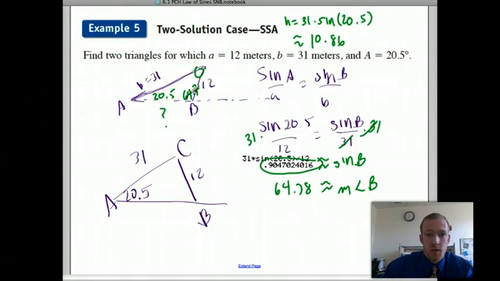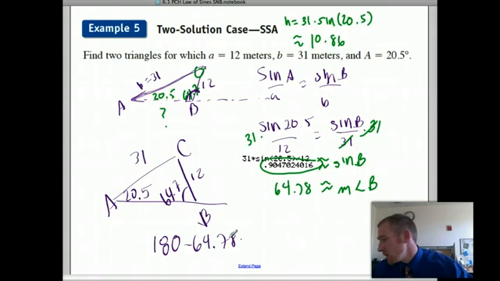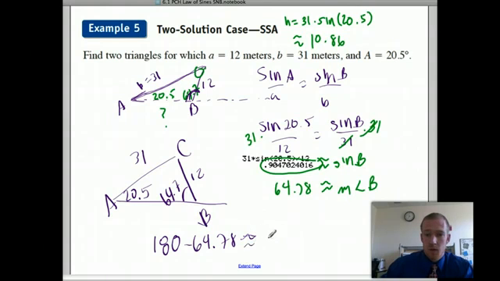Since this is actually the 64.7 side, and then this one is an obtuse angle, so that's going to be 180 minus 64.78, and that gives us our other angle. What is that? 115.2 degrees. So that's our other one.